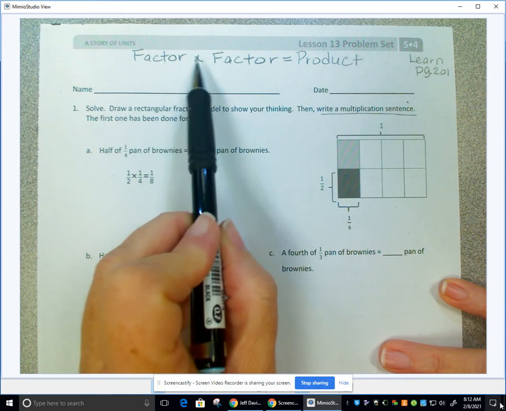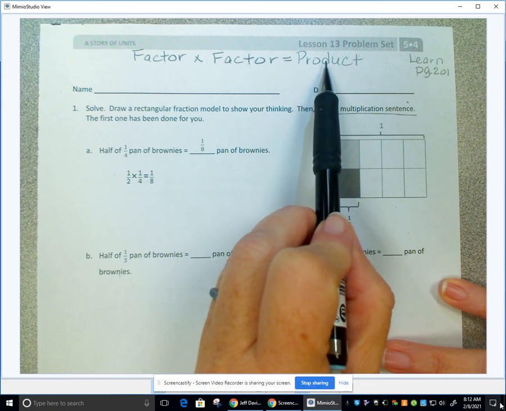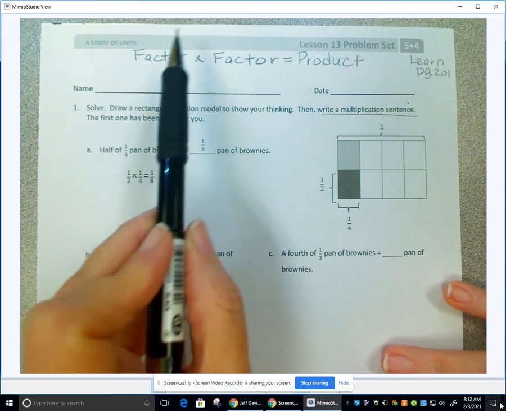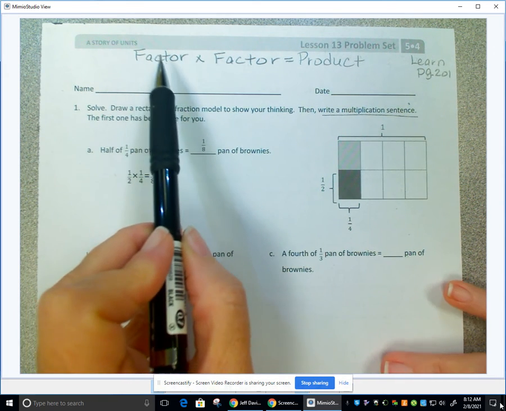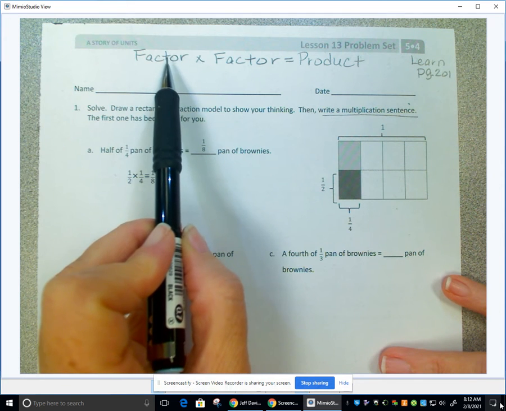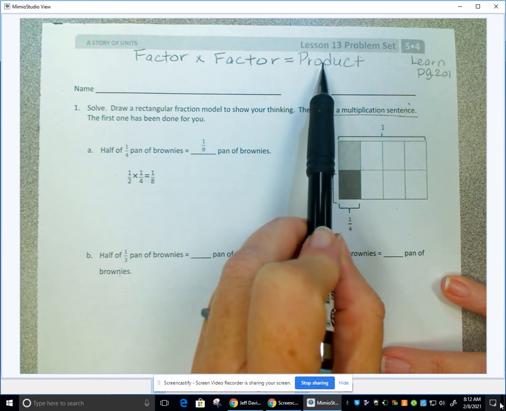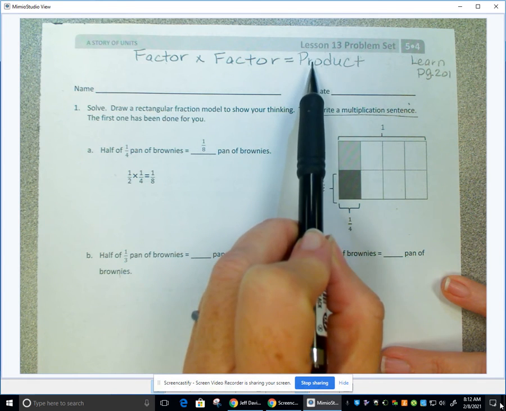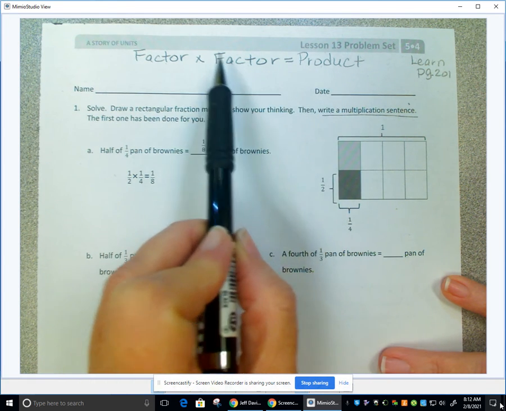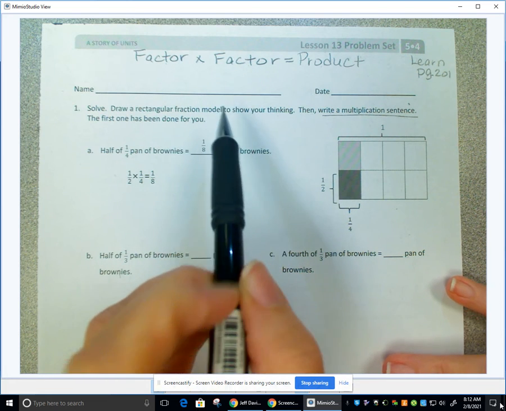I've got factor times factor equals product. You've probably heard this before. Think about it. When we would multiply whole numbers, 3 times 3 equals 9. That product, 9, was larger than either one of those factors.